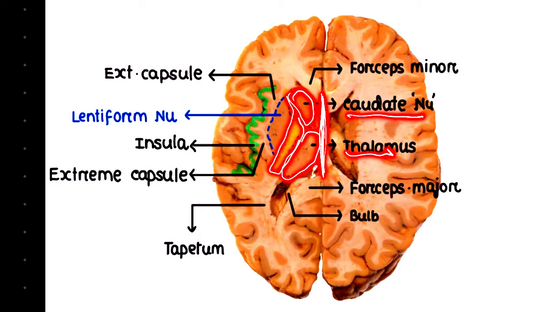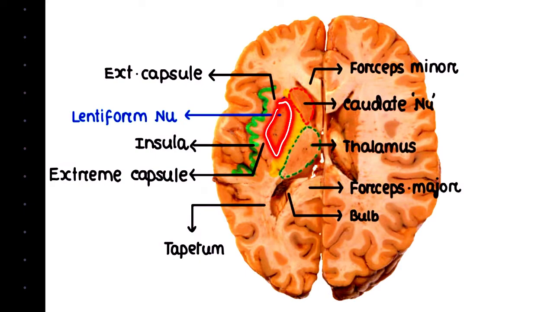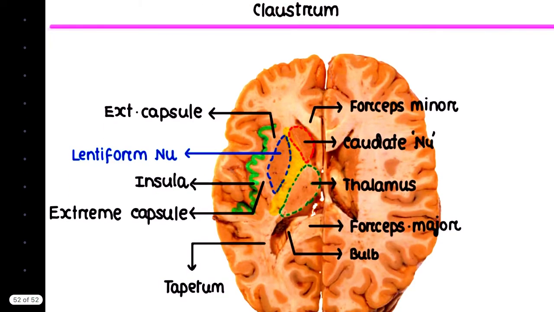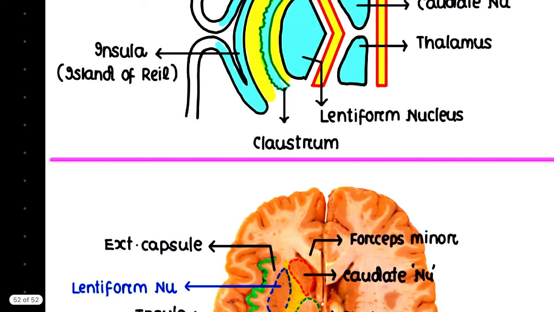Lateral to them is the internal capsule, then the lentiform nucleus, and out of the lentiform nucleus the external capsule. Then the claustrum, and out of the claustrum the extreme capsule, and out of that the insula, the island of Reil.